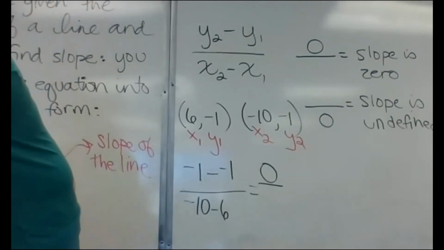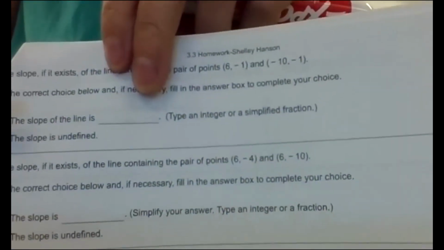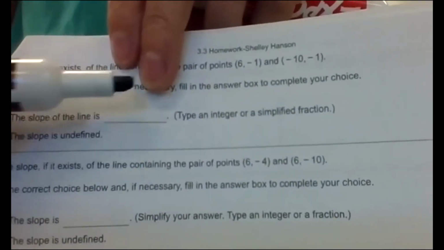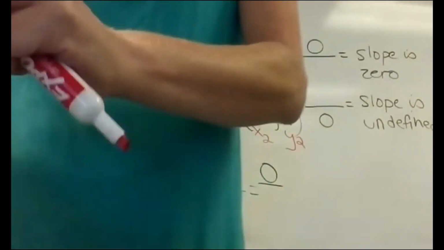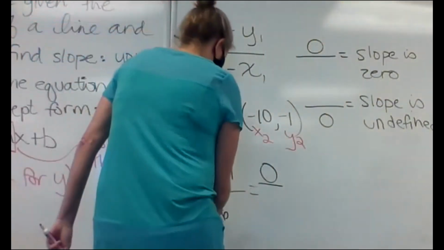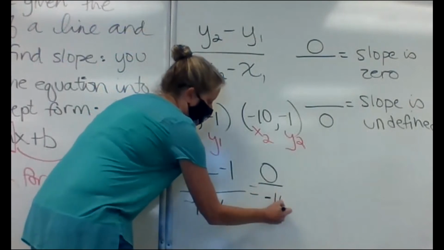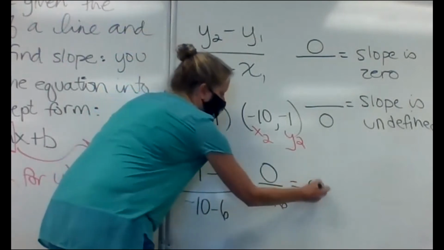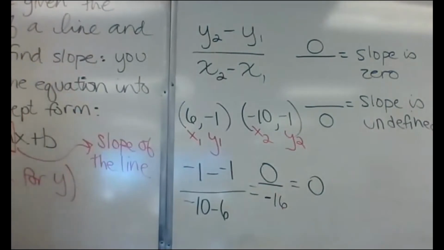So you answer the A option. The slope of the line is, you just put the number 0 in there. This would end up giving me negative 16 down here, but it wouldn't matter because if there's a 0 up top, the slope is 0.